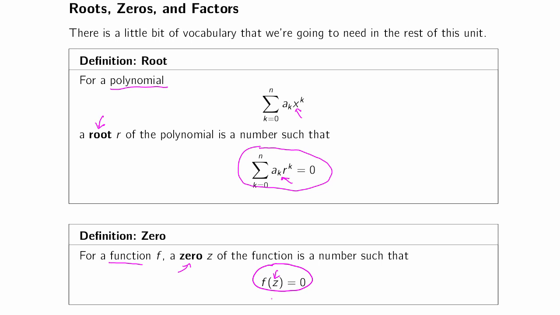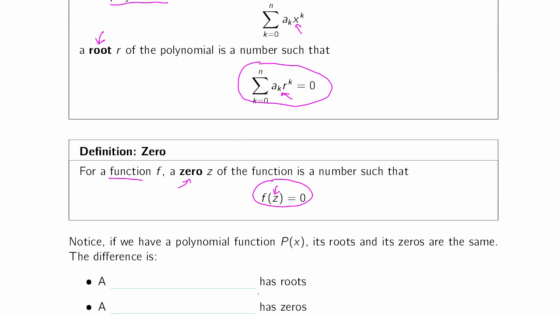It might look like those two terms are really closely related, and in fact, those two terms are really closely related. If we have a polynomial function, well, its roots and its zeros are the same. The key difference is a polynomial we are not necessarily thinking of as a function.